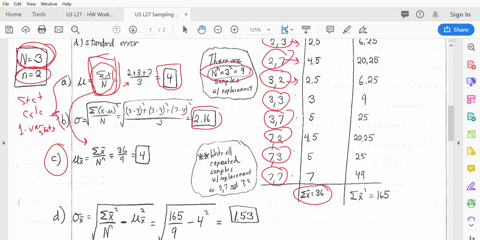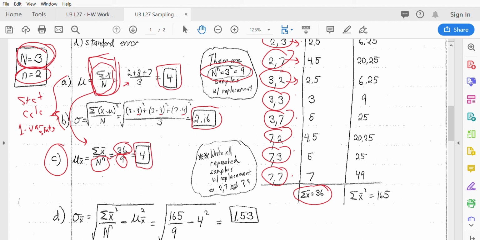There are big N raised to the power of little n samples, or 9 samples. The formula may look complex, but you're just simply taking the sum of all your sample means and dividing by the number of samples. 36 divided by 9 is 4. Okay? You're going to get 6 points on the next test if you can do part C.